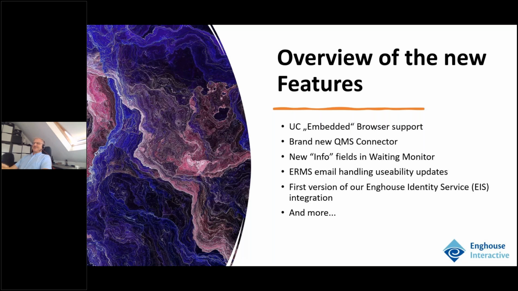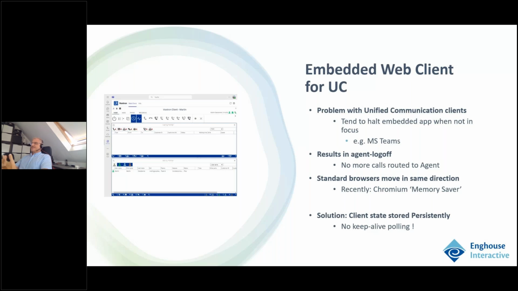Okay, so first, the embedded web client for unified communication applications. The problem with typical embedded browsers in unified communication applications like Microsoft Teams or Cisco WebEx is that when you integrate your web application in this unified communication client and navigate away from the application to another tab showing other information, like in Teams the chat tabs, the activity or the calendar tabs, then the unified communication client will halt the applications that are not in focus.